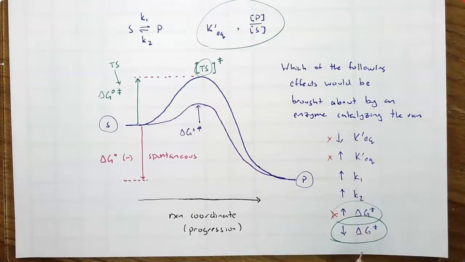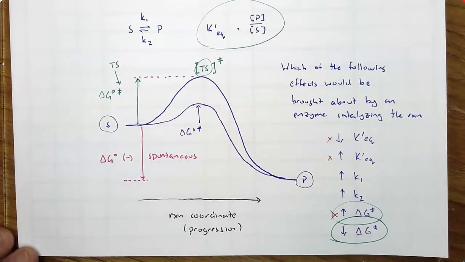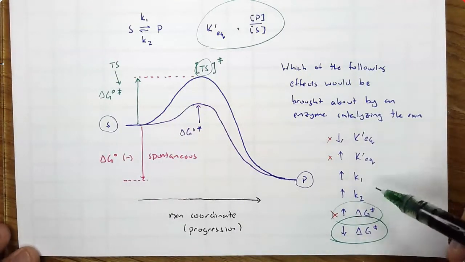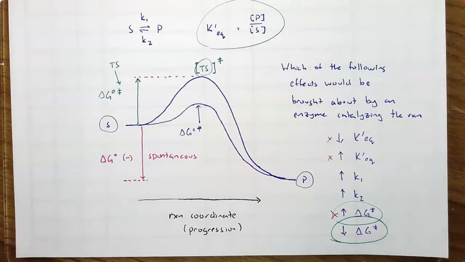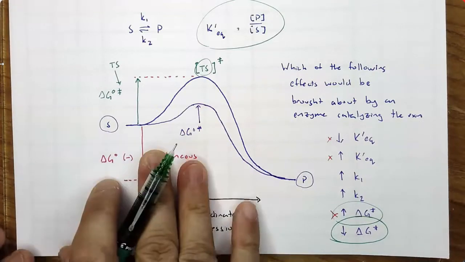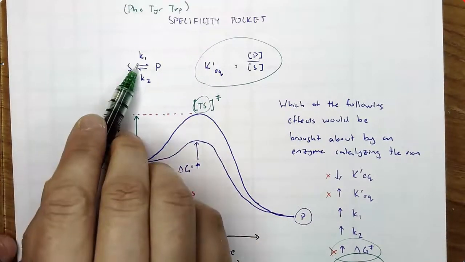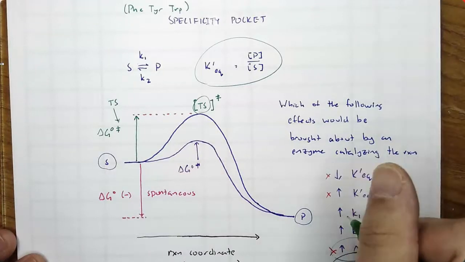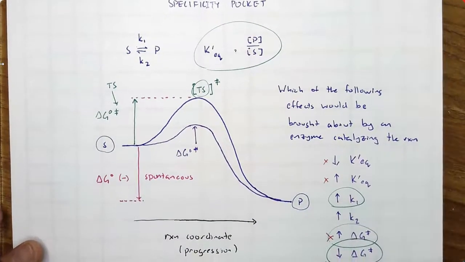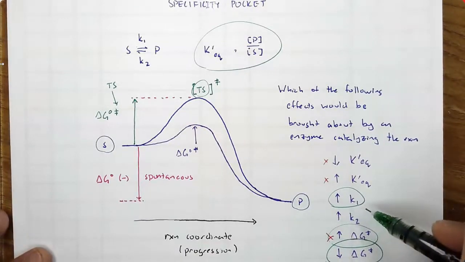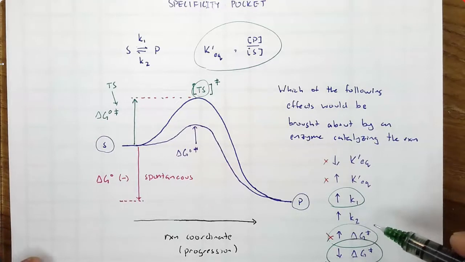Decrease it. Now what about the rate? So you know that enzymes and catalysts speed up a reaction. Well, that tells me that K1 is increased. But eventually we're going to hit equilibrium, and K1 is still increased.